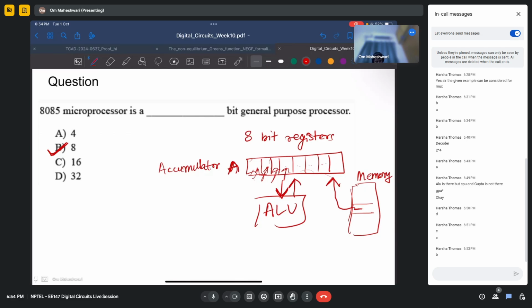Output goes to the accumulator, then it will go to memory. This accumulator is 8-bit. And other registers are also there: B, C, HL, and a lot more, but all are 8 bits. So you can do only 8-bit processing. So 8085 is an 8-bit general purpose processor.